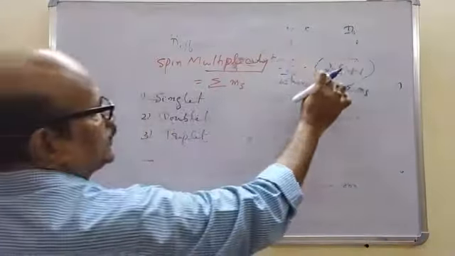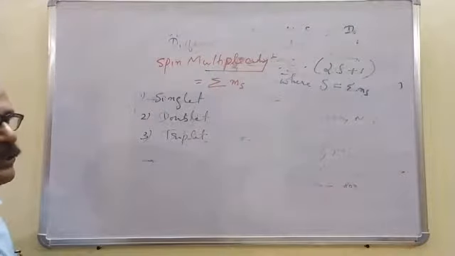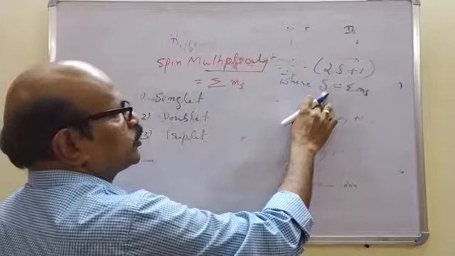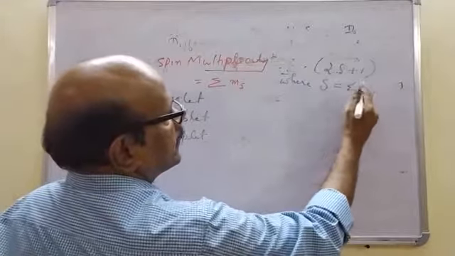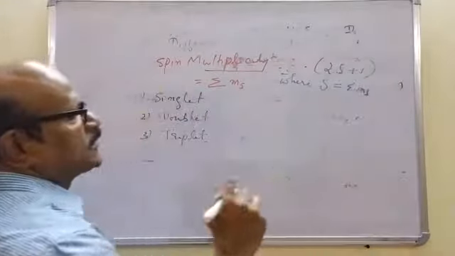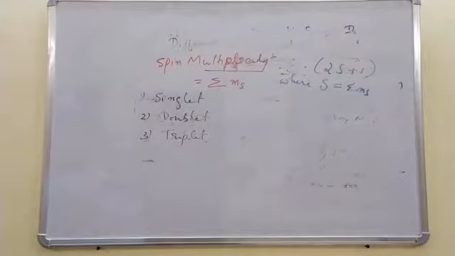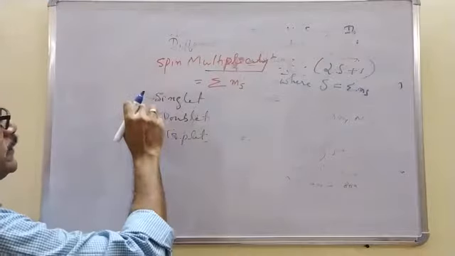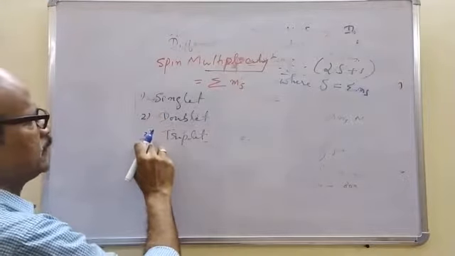The term 2S plus 1 is called the spin multiplicity of a molecular system, where S is the resultant total spin of the electrons present in the system, equal to sigma ms. It is the vectorial sum of the various spins of the electrons present in the molecular system. Depending on the spin multiplicity 2S plus 1, there are three multiplicities: singlet, doublet, and triplet.